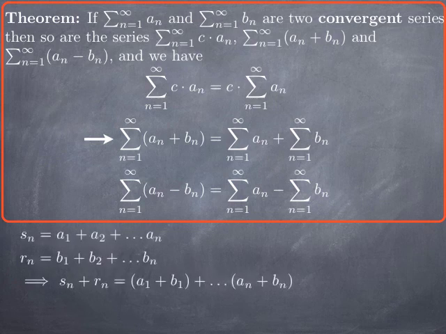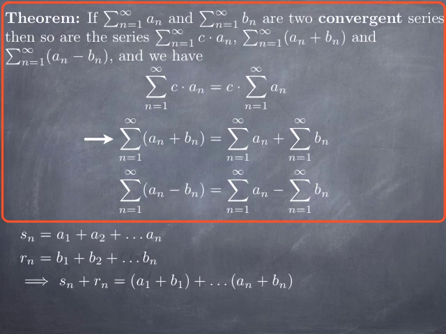We have, if we write out the partial sum for the series of AN, A1 plus A2 and so on up to AN, and the partial sum for the series of BN, B1 plus B2 and so on plus BN. And we add these two partial sums for the same index, so we have n terms in each one of these partial sums. We add them together, and we can add term by term. We have A1 plus B1 plus A2 plus B2 plus A3 plus B3 and so on up to AN plus BN.